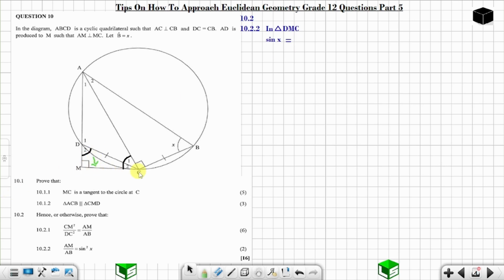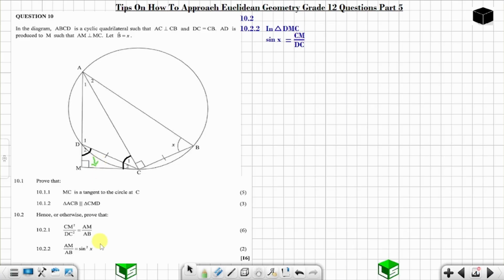The opposite is CM, over hypotenuse. The hypotenuse is DC. This is the hypotenuse, the side opposite the right angle, the longest side in a right triangle.